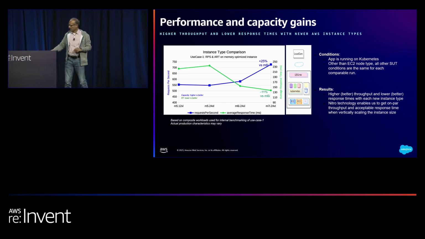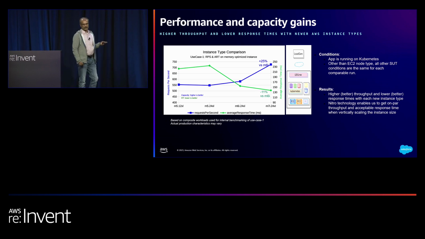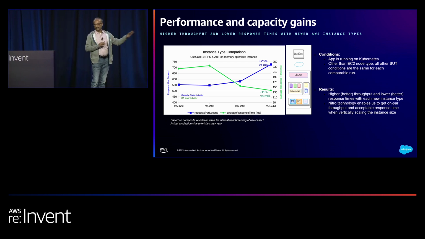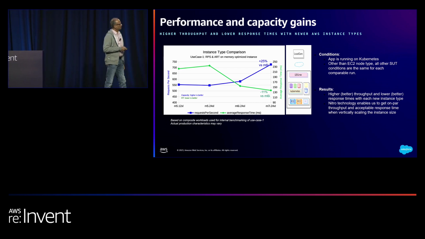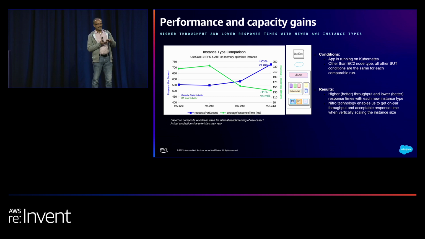The far left data point, the first data point that you see, is the M5.12XL, and that is the instance type that Hyperforce started with. That was the instance type we were running fleet-wide across our entire Hyperforce instances.